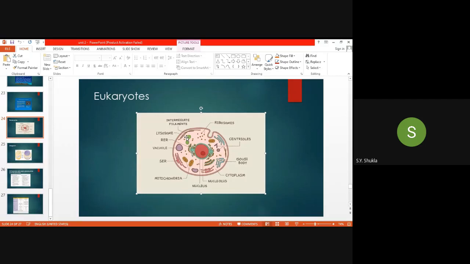If that DNA genetic material gets damaged because the enzymes synthesizing DNA added some wrong nucleotides into it, then that DNA is damaged. The DNA gets mutated. If such a cell is formed, then what happens? It will harm that organ, it will harm those tissues.